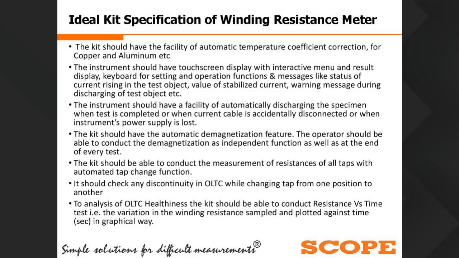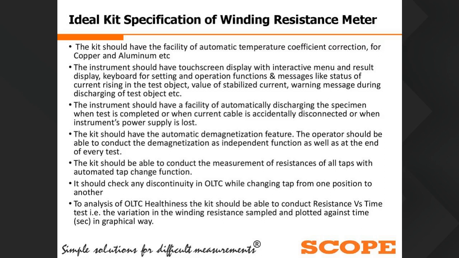Then the instrument should have an inbuilt touchscreen display for easy operation, and also a facility to give messages like status of current rising in the test object, failure of stabilized current, and warning messages during discharging of the test object.